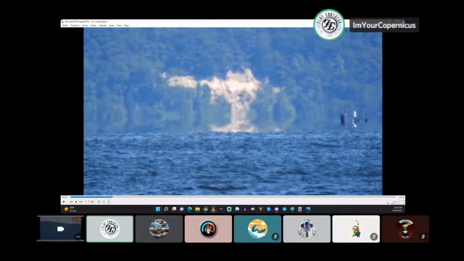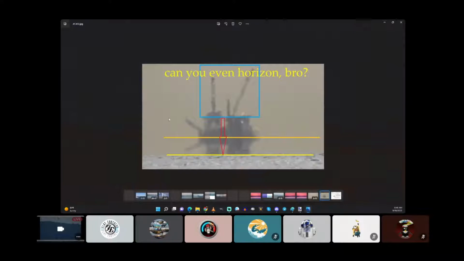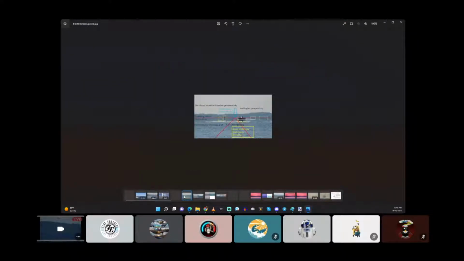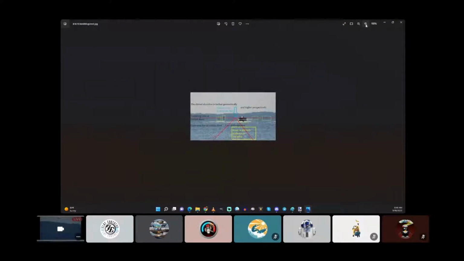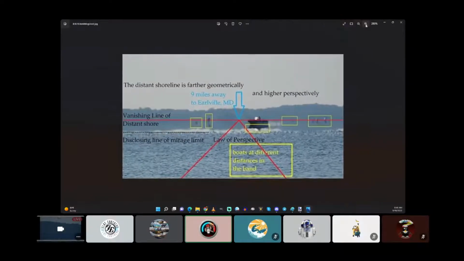It's right here. Okay, so let me go back to the image that we had before. This boat is right here. We can see the hull. If this boat were right here in the same position as this one, we wouldn't see any of this.